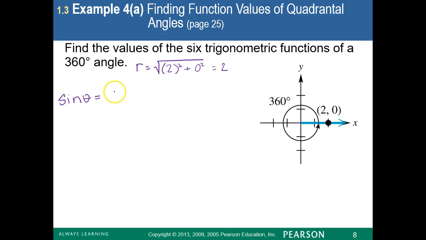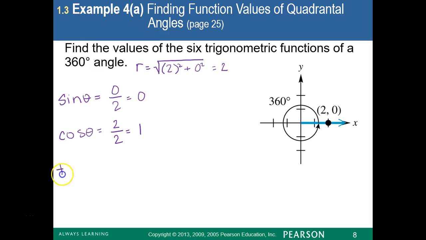Okay, so let's do sine of theta. That is your y over r. So 0 over 2, which is just 0. And cosine of theta is your x over r. So 2 over 2, which is 1.